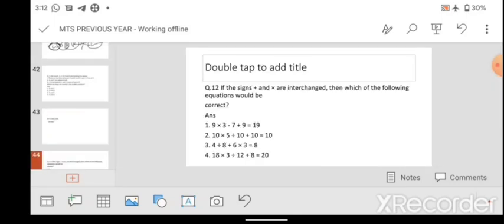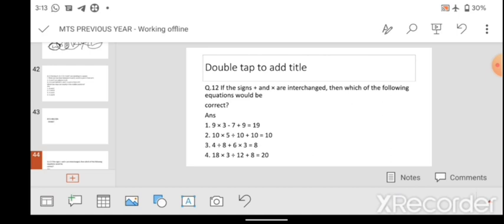Next question. If the signs are interchanged, plus and multiplication, then which of the following equations would be correct? You should go at this type of question by hit and trial. There is no other way. I don't know any other way to solve this question.